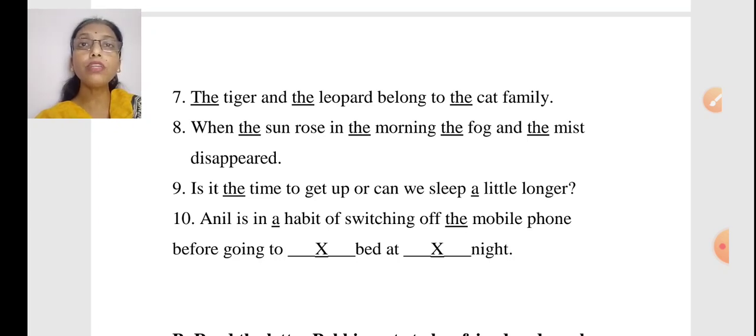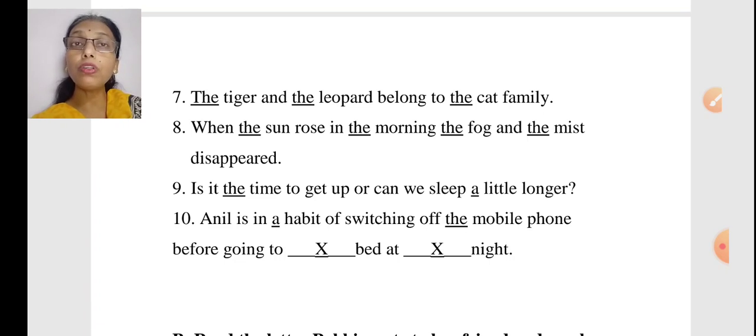Because I'm talking about a particular time which is already gone. I'm talking about a particular time frame, you can say. Okay. If I would have said it for every day, my sentence would have been, when the sun rises in the morning, fog and mist disappear.